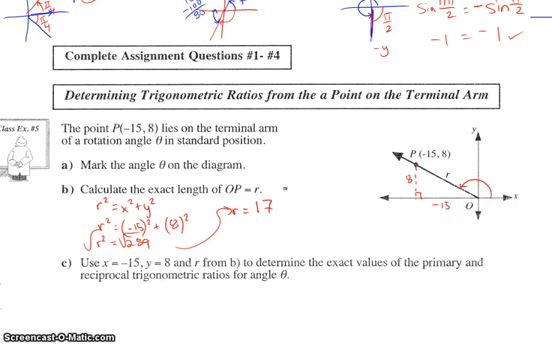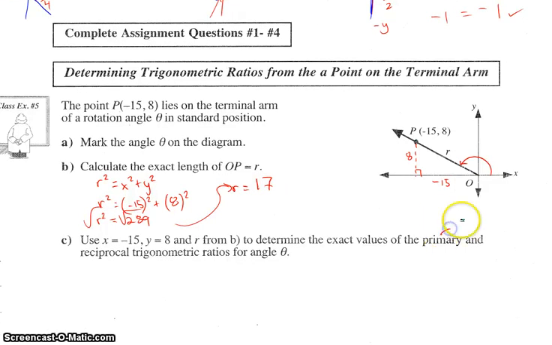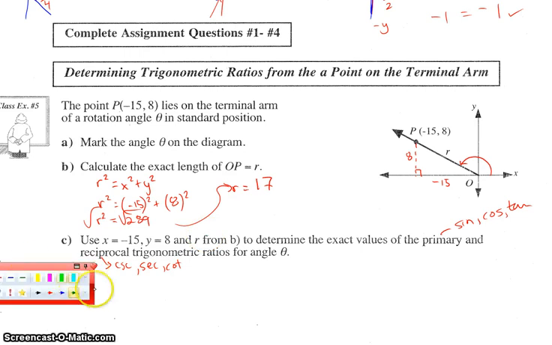Now it says use x equals negative 15, y equals 8, and r from part B to determine the exact values of the primary trig ratios, that's sine, cos, and tan, and the reciprocal ratios, which are cosecant, secant, and cotangent, for angle theta. Okay, let's do that. I'm going to change color. Here we go.